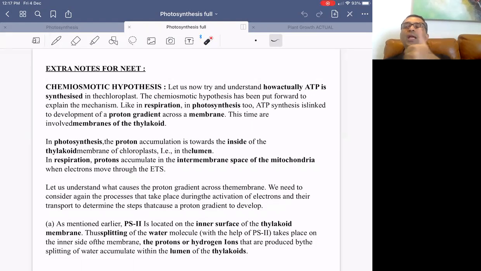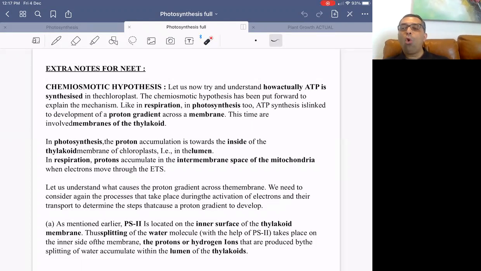If you remember, during the ETS, hydrogen and electron liberate energy, and that energy took protons from the matrix into the intermembranous space, and there was a high concentration of protons in the intermembranous space which returned back into the matrix along the proton gradient, along the concentration gradient, which helped in the formation of ATPs in the F1 particles with the help of ATP synthetase or ATP synthase enzyme.